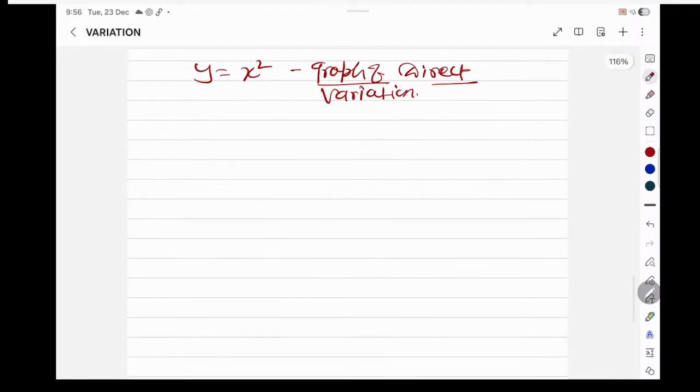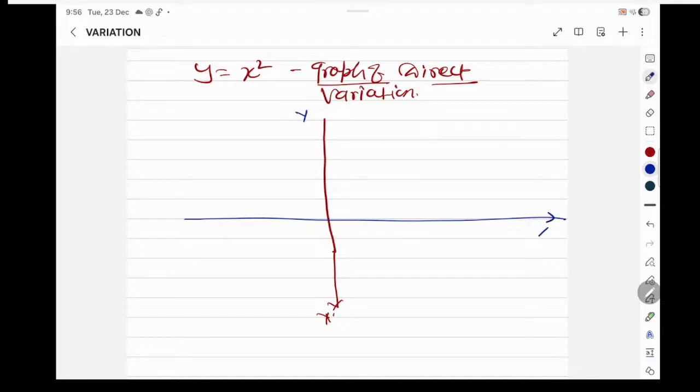So here, if I draw it, it looks like this. Just one second to completely draw the graph of the xy plane. Here y dash, and here y, and draw the middle point like this, x and x dash.